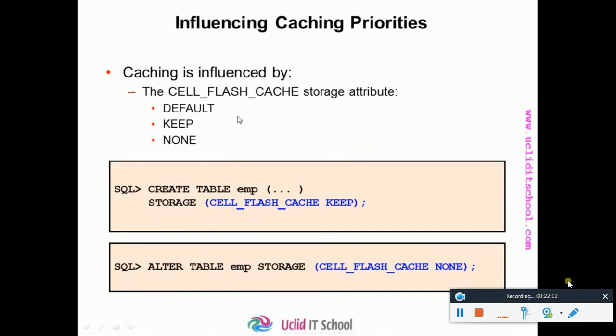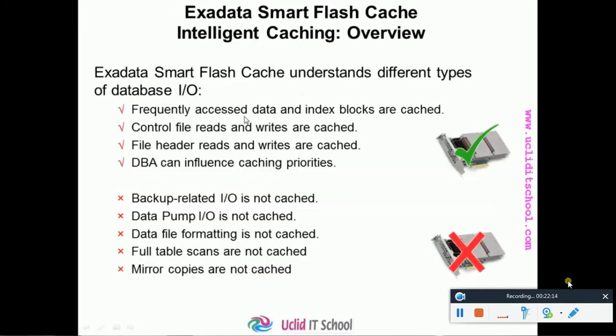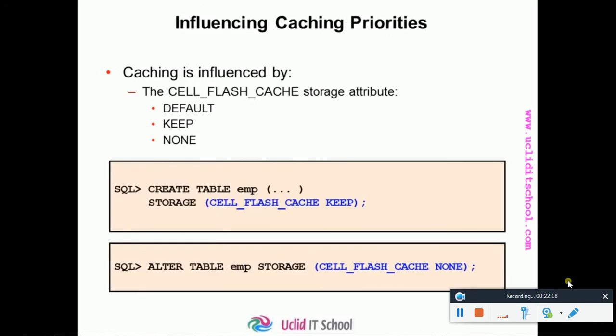If you leave it to default, you are leaving it to the storage server algorithm. Keep means you are influencing, telling it to keep this table in flash. And none means you are telling it not to cache the IOs of this table. So this flexibility is with you.